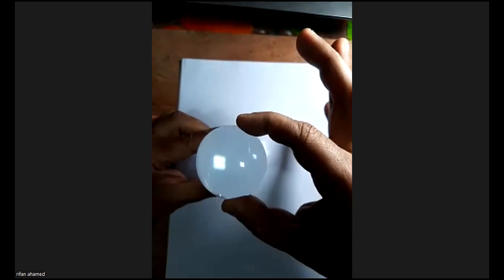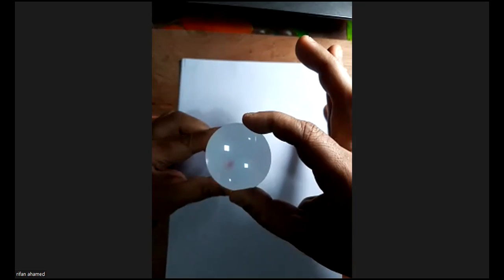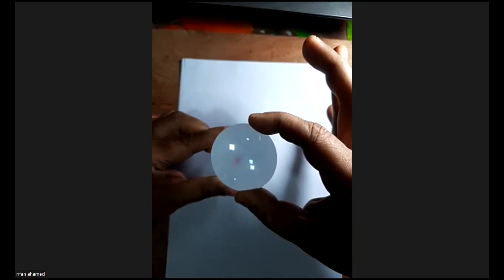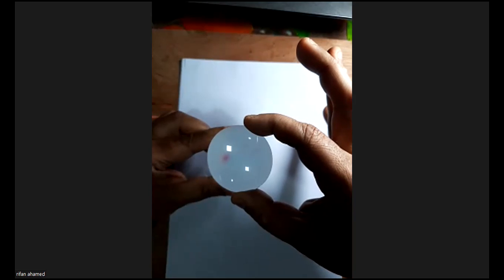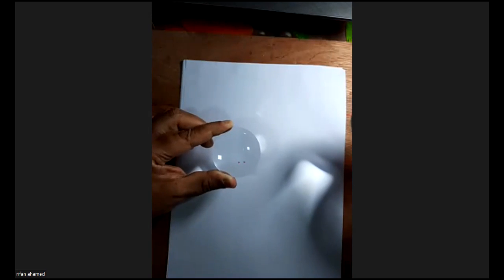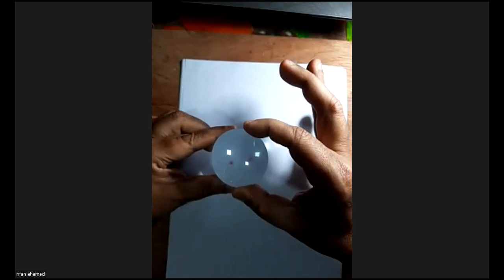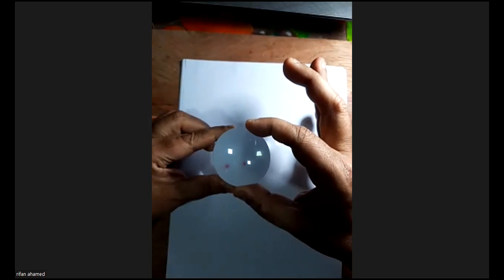Here I place another one. Now see. More than larger. So compared to using one lens, if you use 2 lenses, what will happen?